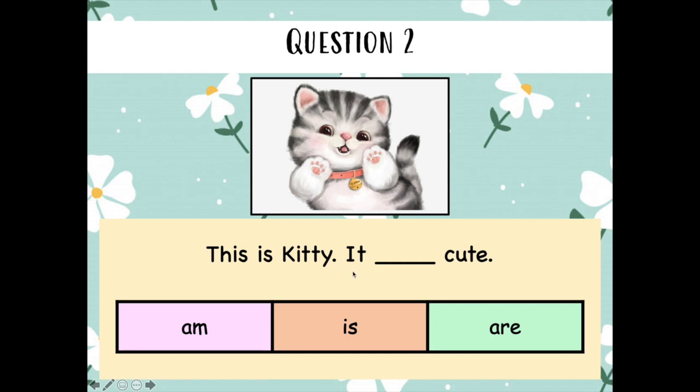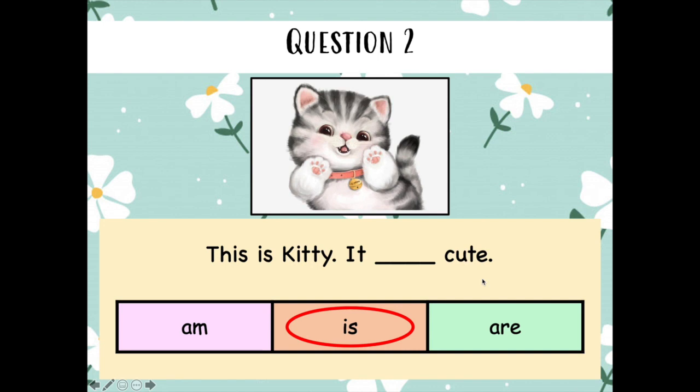If one means this is singular, so when we use singular noun, it must go with singular verb to be. So the answer is, very good, is. The sentence will become, this is Kitty, it is cute.